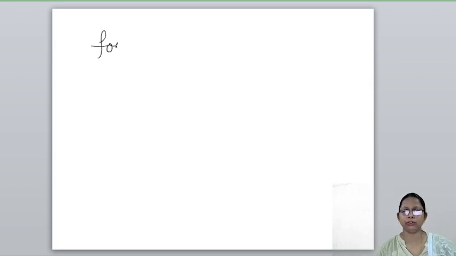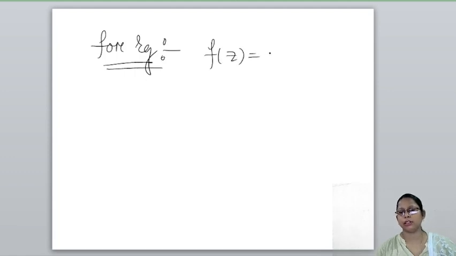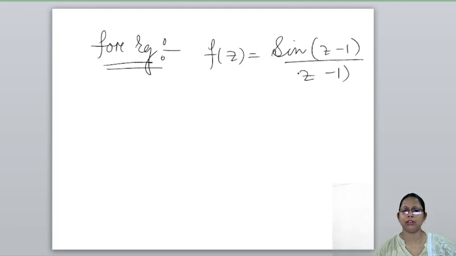For example, f(z) equal to sine(z minus 1) by (z minus 1). Here, when the denominator is 0, that is z equal to 1, it is the singular point of this function f(z).